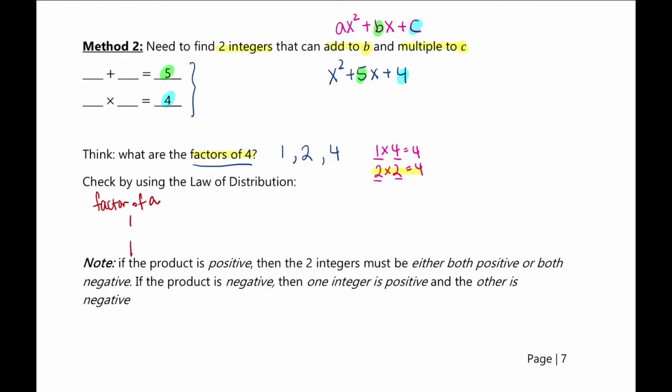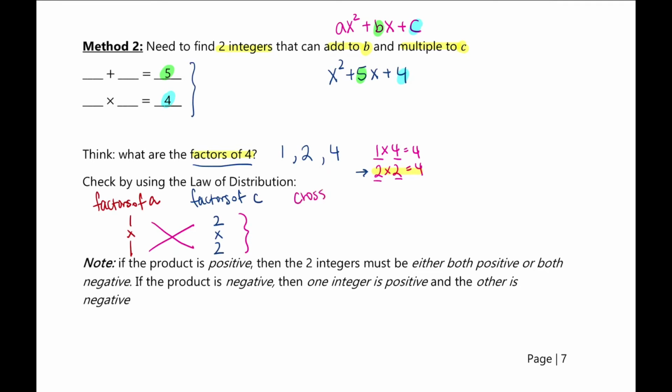And then secondly, we have the factors of c. So let's put 2 times 2, like that. The next step would be cross multiplying and adding.